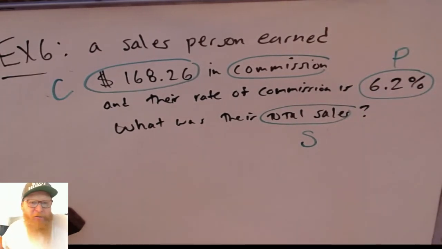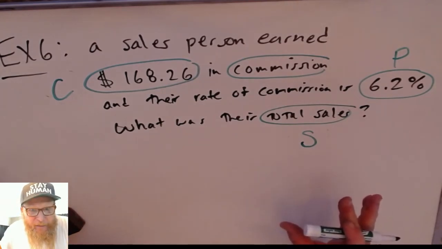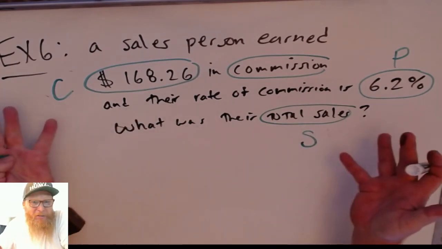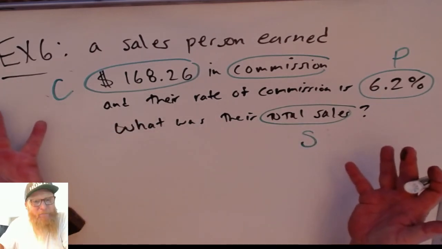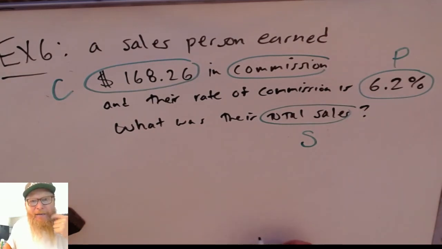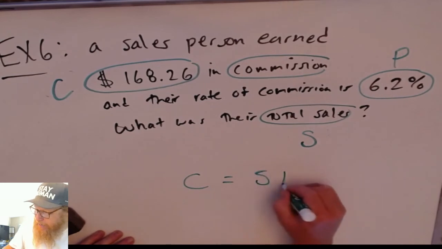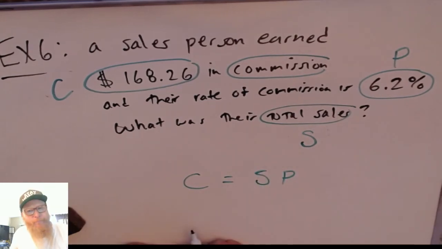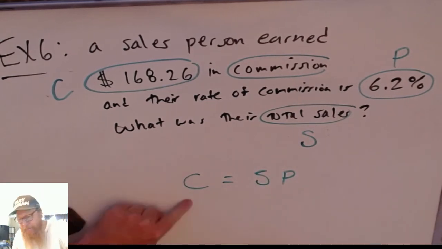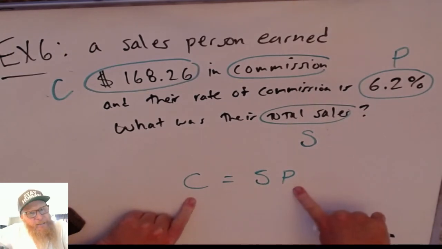But once you make your bed, you have to lie in it, right? So the formula would then be C equals SP. Commission equals sales times percentage.